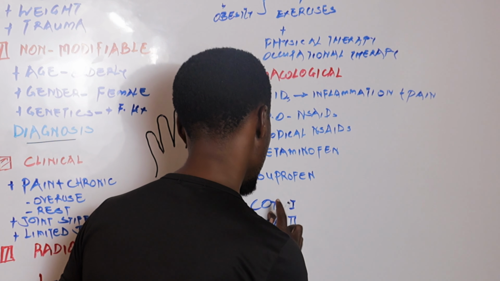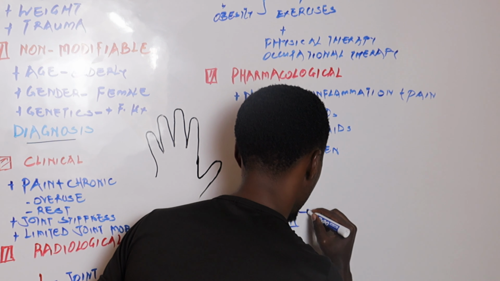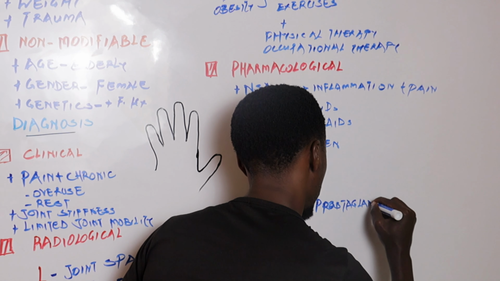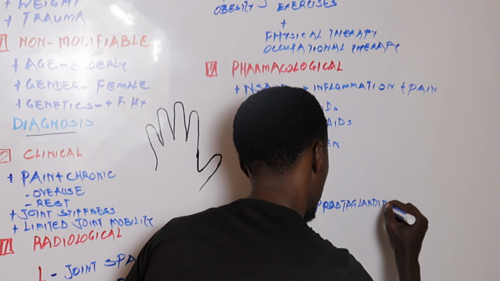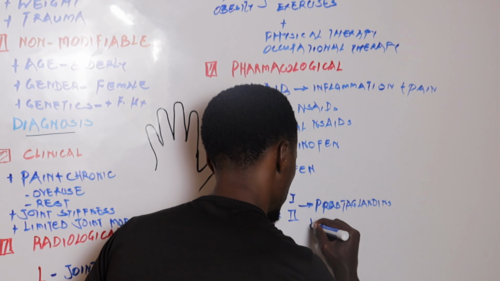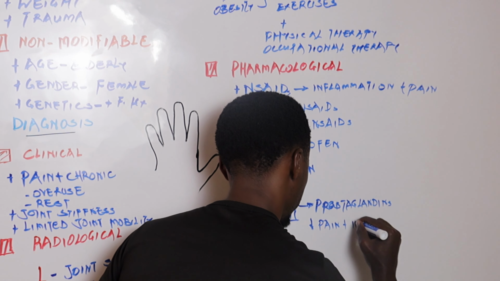And once they get inhibited, they cannot synthesize chemical messengers that we call prostaglandins. And these prostaglandins are very essential as they are the ones that do away with pain plus inflammation.